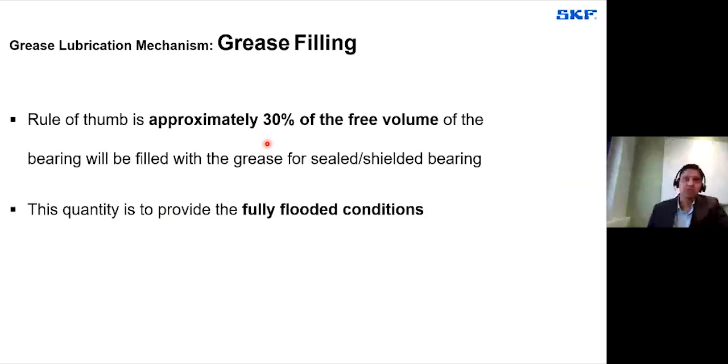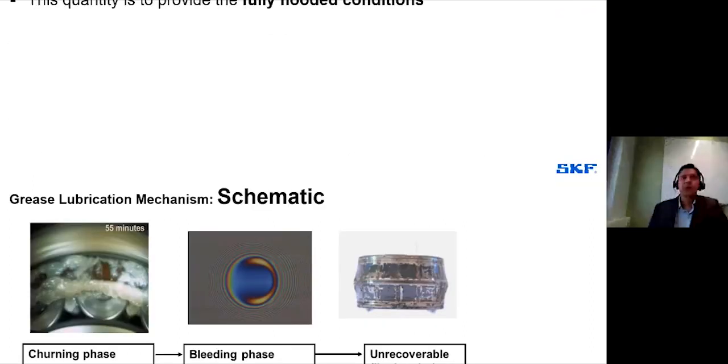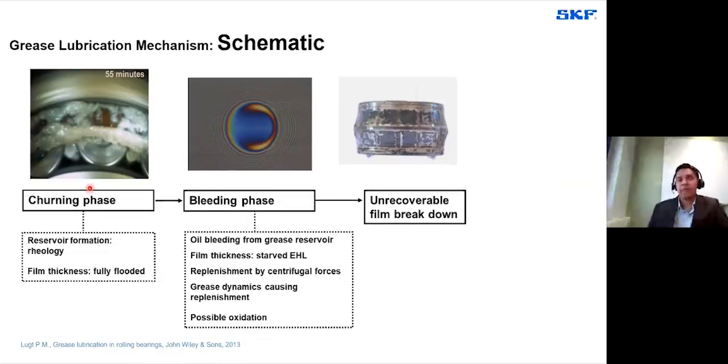What you see now is a very general schematic representation of the grease lubrication mechanism. Here you see the two phases, the churning phase and the bleeding phase, and what will happen after the bleeding phase. As soon as you fill your bearings and start the operation, that means your bearings start to rotate, immediately the grease starts to move.